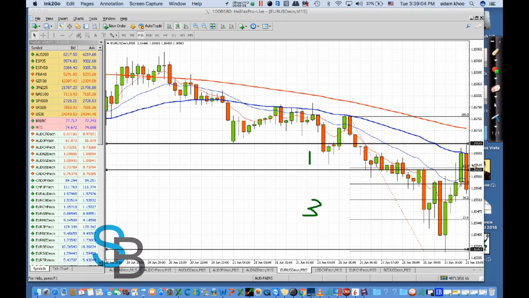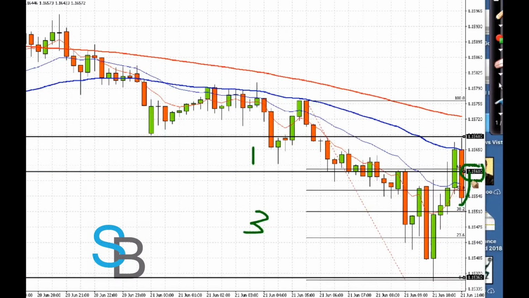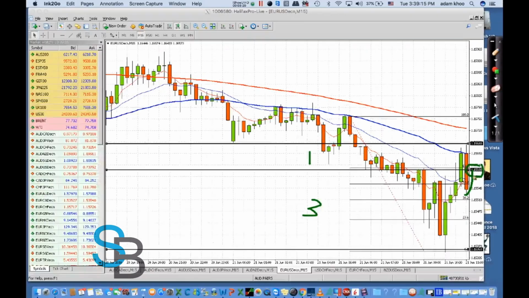But I can tell you through experience, it's less likely that the price would retrace all the way back up and fill me at that level. If it did, it'd be great, but normally from experience, I know that usually if the price retraces, it would normally only retrace 1/3 of the recent candle.